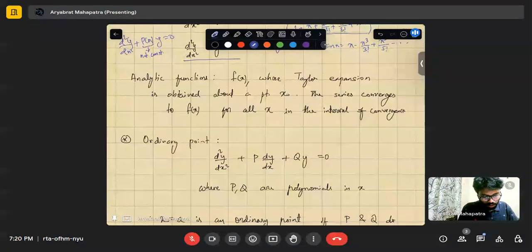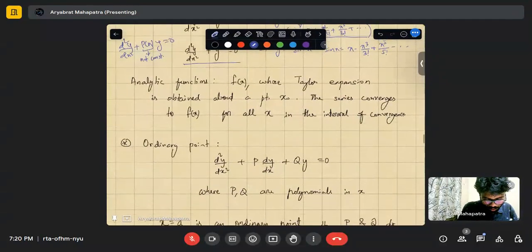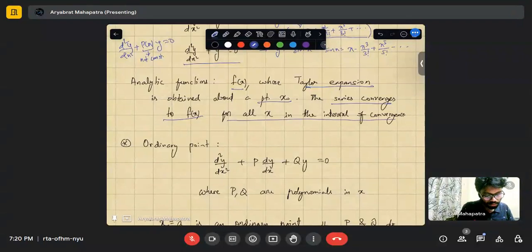So first, what are analytic functions? Let's say a function f of x, when you do the Taylor series expansion of this f of x about some point x naught, you say that the series converges to f of x for all x in the interval of convergence.